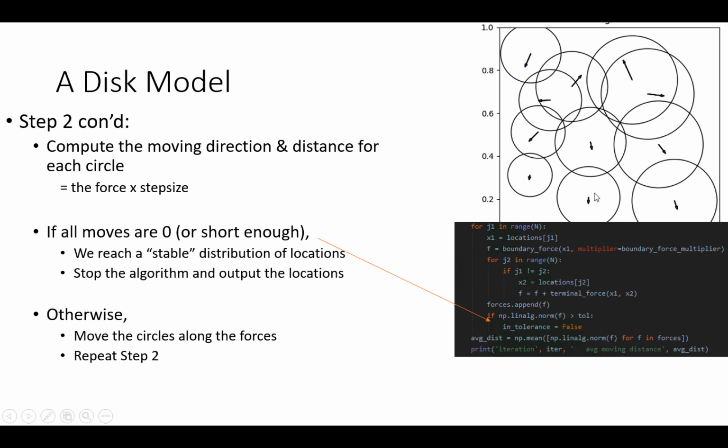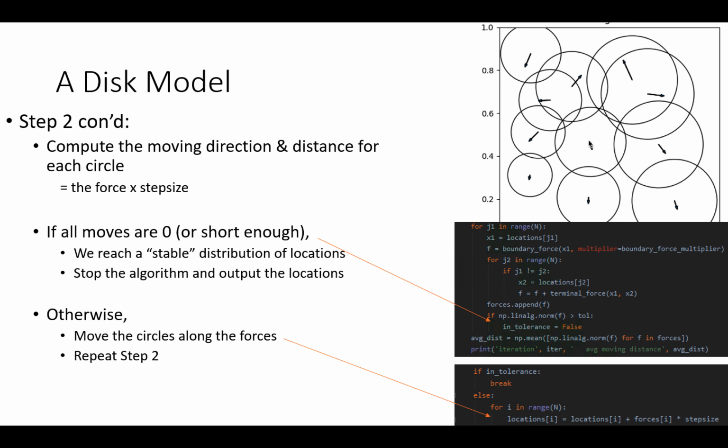And if the moves, for example, you see these moves are certainly not zero or not small, we want to actually move the circles to a better position. So we move the circle along the forces, and then each circle will get to another destination, and we start the algorithm step 2 once again from the new locations.